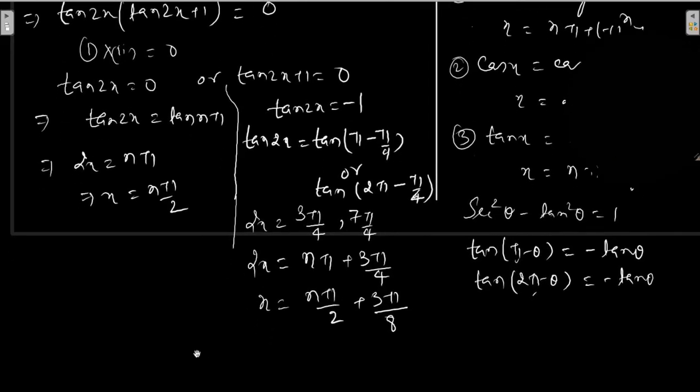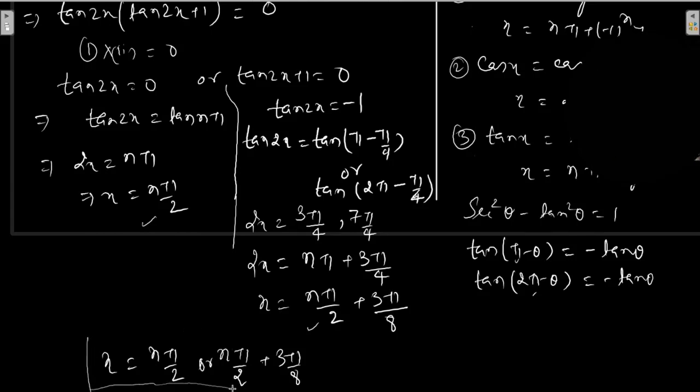So with these two, what we have got is x equals to n pi by 2, and the second solution is x equals to n pi by 2 plus 3 pi by 8, right? So we have to put it or. So either this is true or this is true. Alright. So this is what would be your general solution.